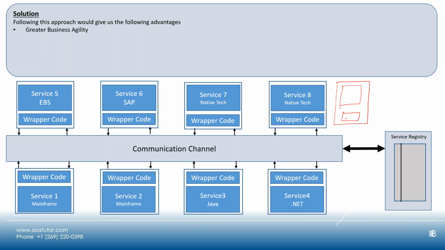Okay, so just one translation layer, that's all. And then you just connect it to the intercommunication layer, register it in the registry, you're done. Okay, it's so simple. So you have greater business agility. A new component in the enterprise would have the implementation so easy. So obviously the time taken is much lesser.